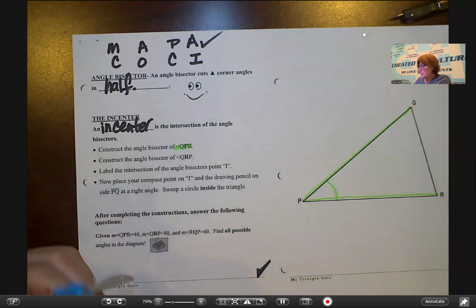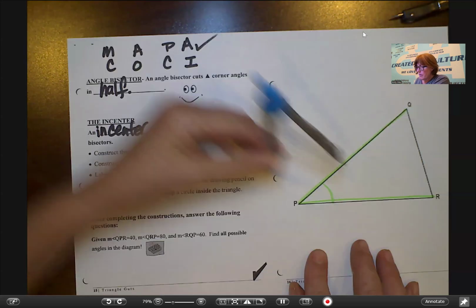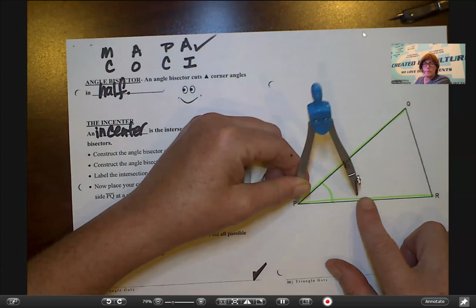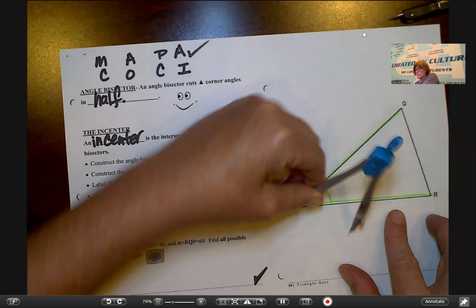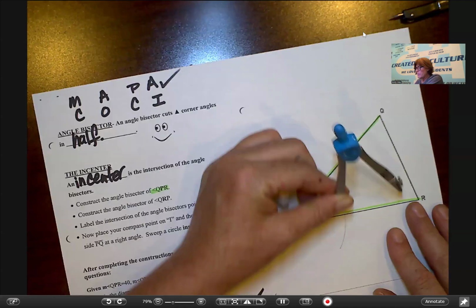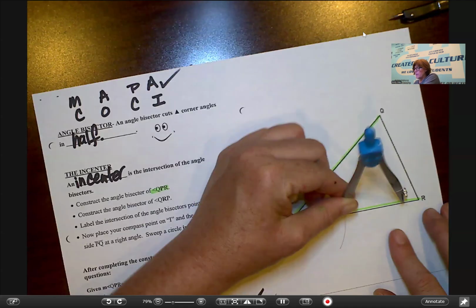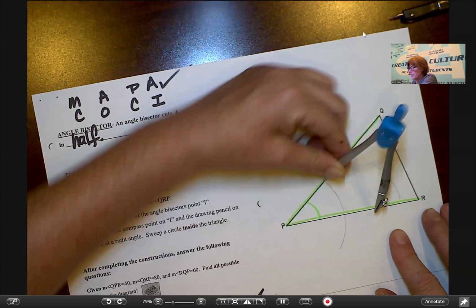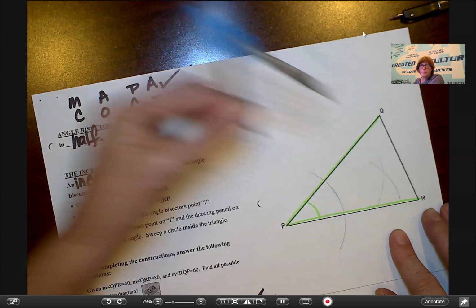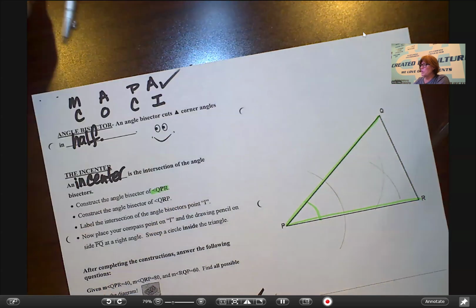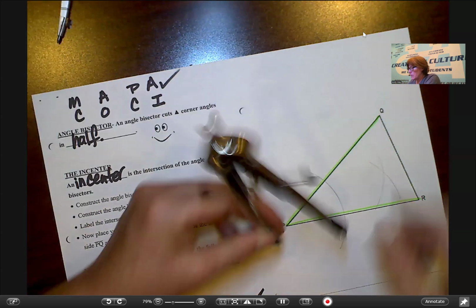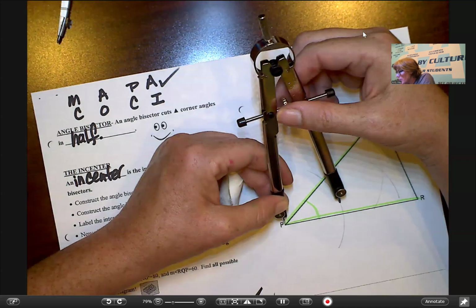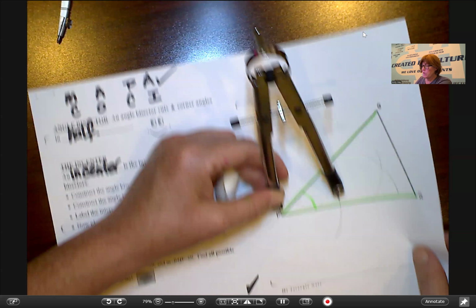Smiley, dimple, dimple. With the other one as well. I'm going to twirl the paper this time.